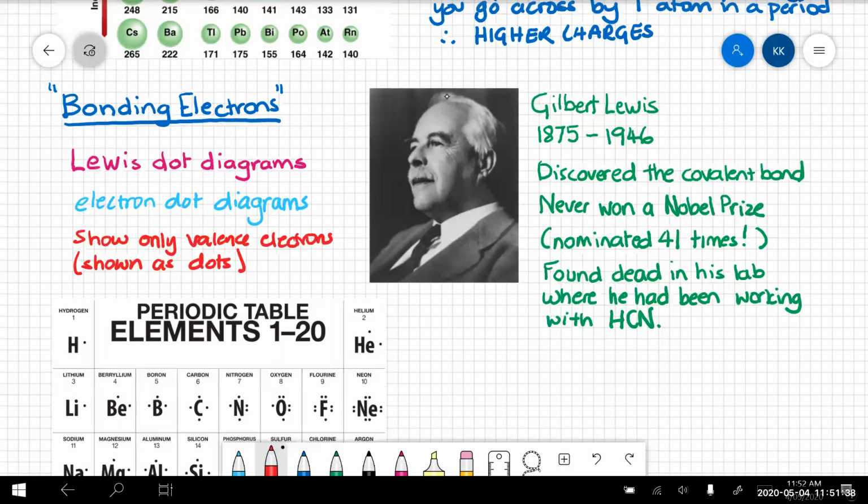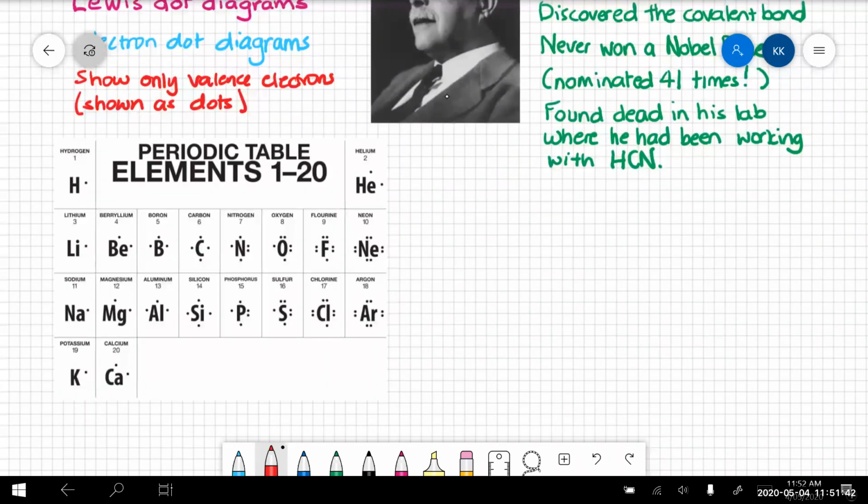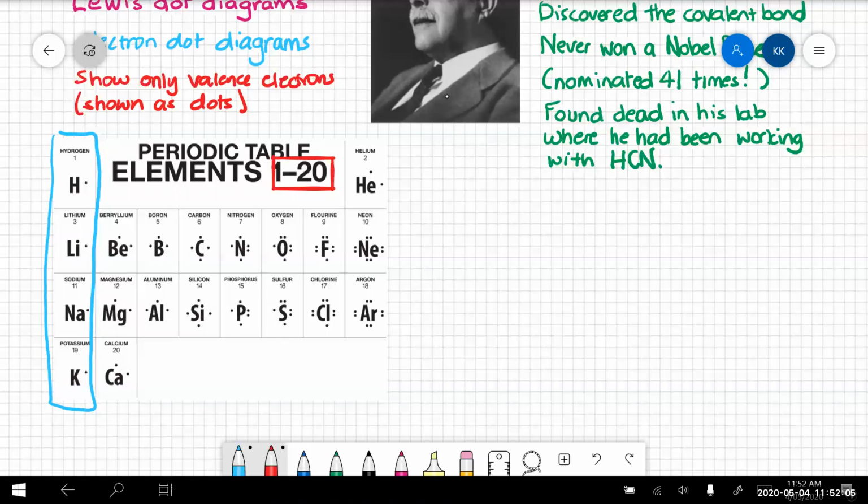We might use dots and crosses. Usually I always use dots in just different colors. So looking at the elements number 1 to 20 on the periodic table, let's have a look at the Lewis diagram. You'll notice all of the elements that are in group 1 all have one valence electron, and so they all have just that valence electron shown as this little dot.